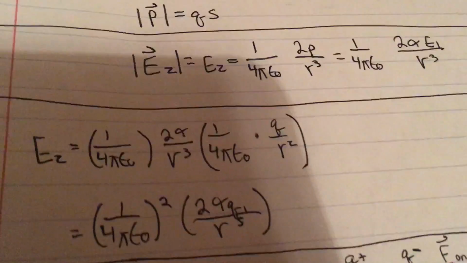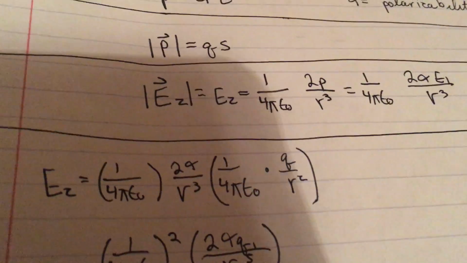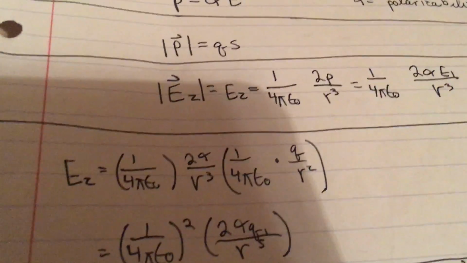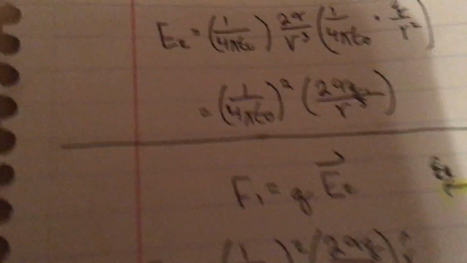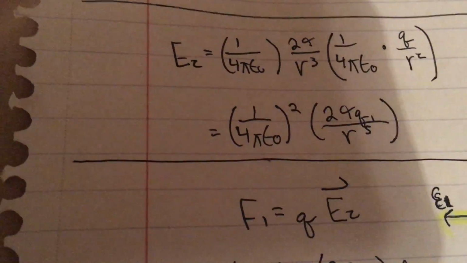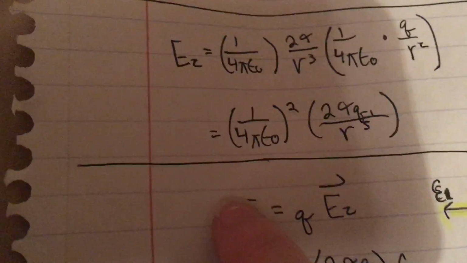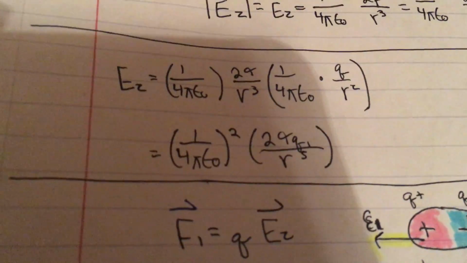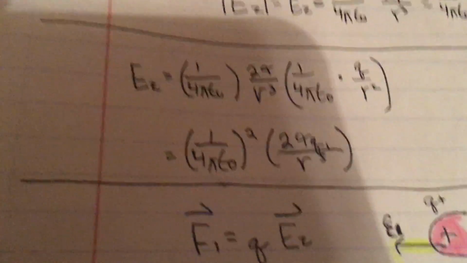But what if we wanted to find out the force on the point charge due to the electric field of the dipole? That's fine. We went over Coulomb's law, which shows the relationship between force and electric fields: F equals q E2. My apologies, there's supposed to be an arrow here because it's a vector. It'll just be blue for now. We already solved for E2, so we can just plug and chug.